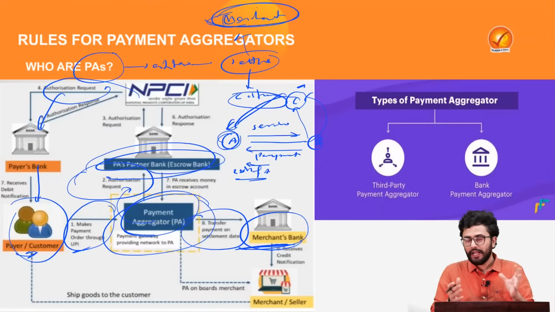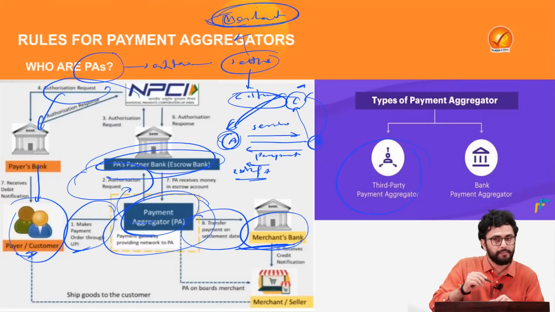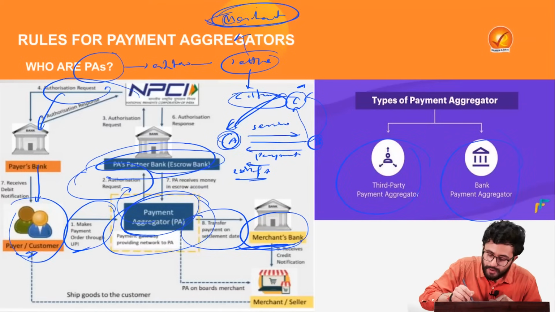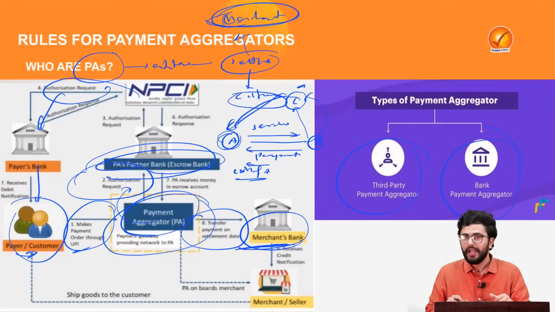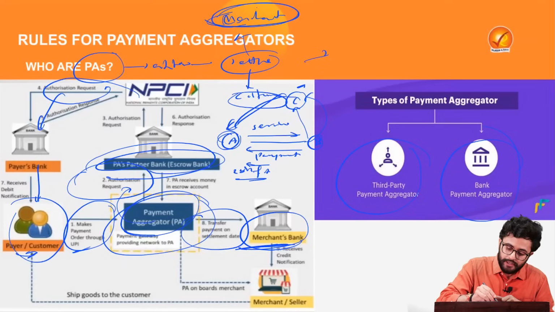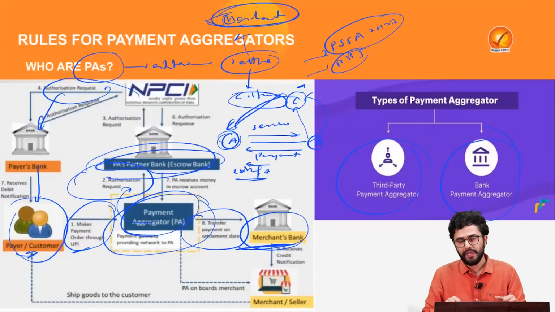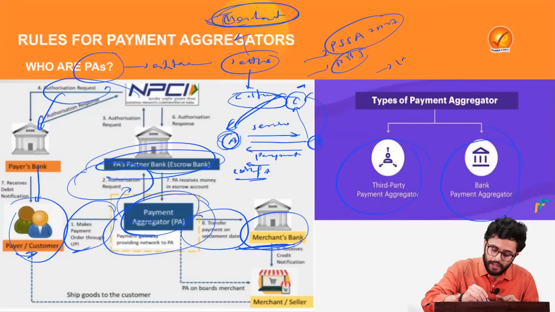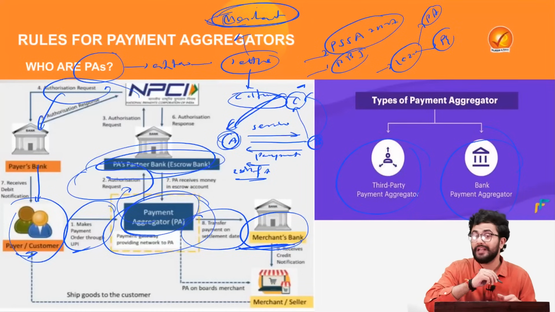And there are different types of payment aggregators, such as third-party payment aggregator or a bank payment aggregator. And these PAs are regulated under Payment and Settlement Systems Act of 2007 and are overall regulated by RBI, which has also issued guidelines in March 2020 to regulate both payment aggregators as well as payment gateways.